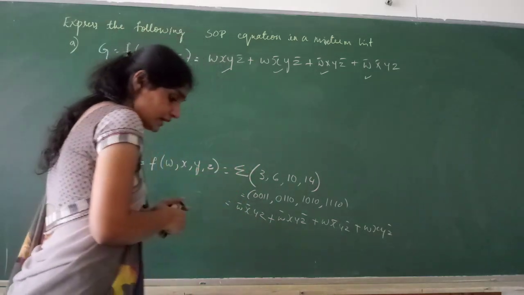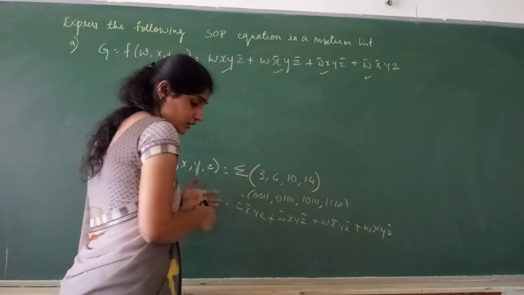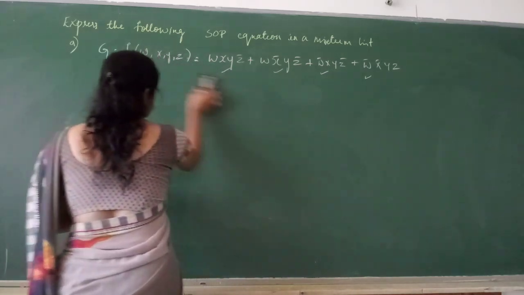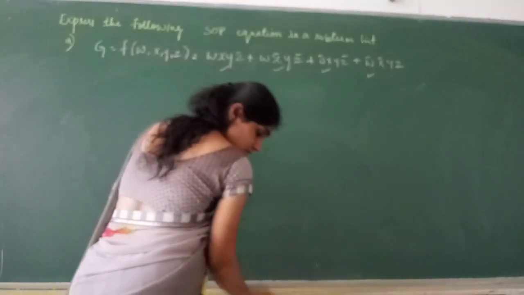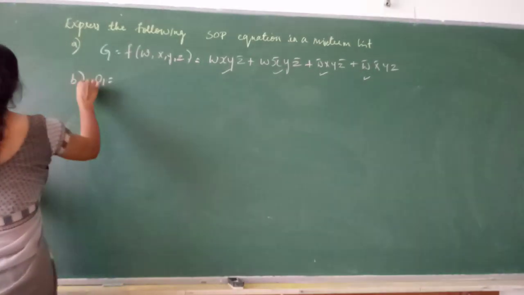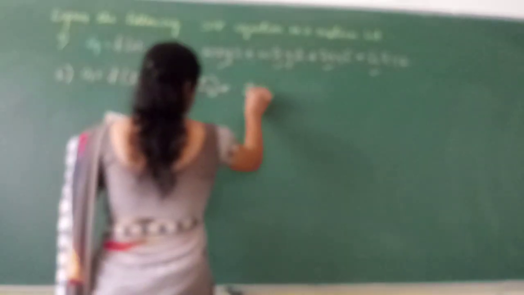Okay. So similarly, I have got some more problems. I will give you the problem now; you can just work it out. The next function is O1 is equal to f of I4, I3, I2, I1 is equal to summation 7, 11, 13, 14, 15.